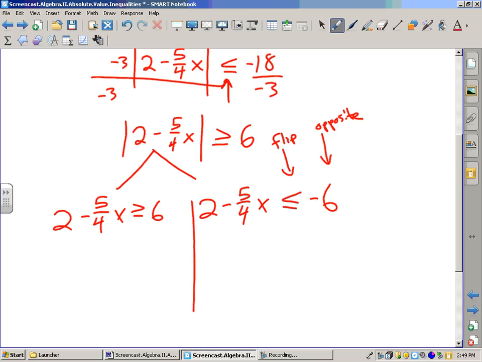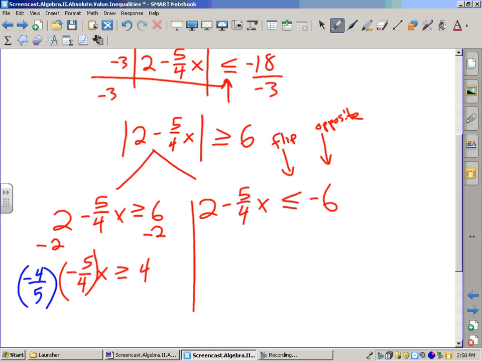Now I can solve my two solutions separately. Minus 2, minus 2. Negative 5/4 x is bigger than or equal to 4. If I think of this as a fraction, this is really multiplication by negative 5 and division by 4. So to do the opposite, I could multiply by negative 4 and divide by 5.